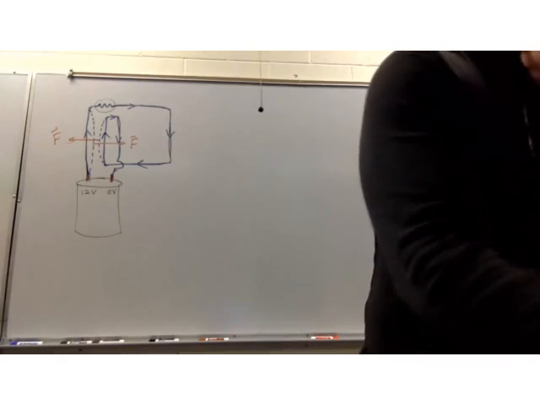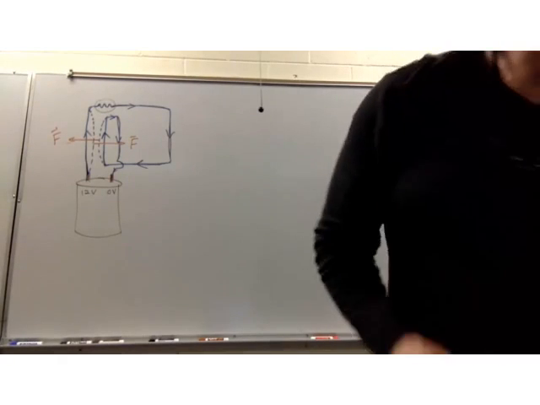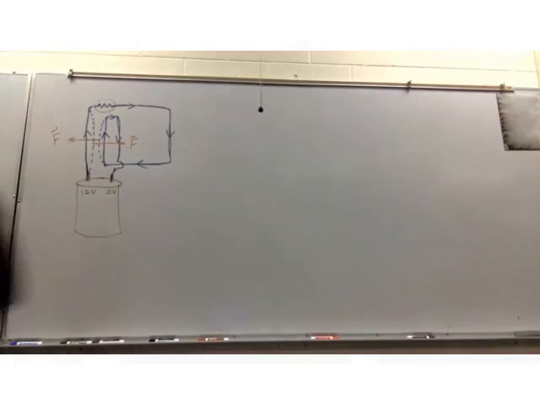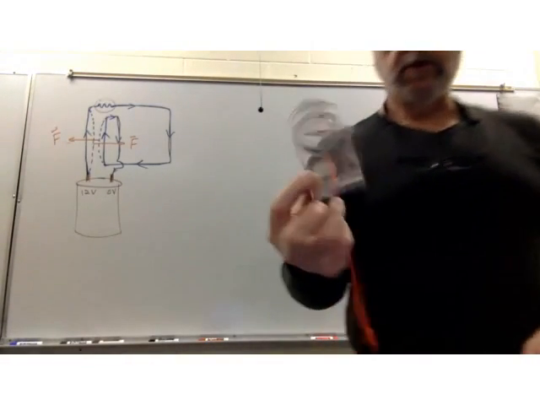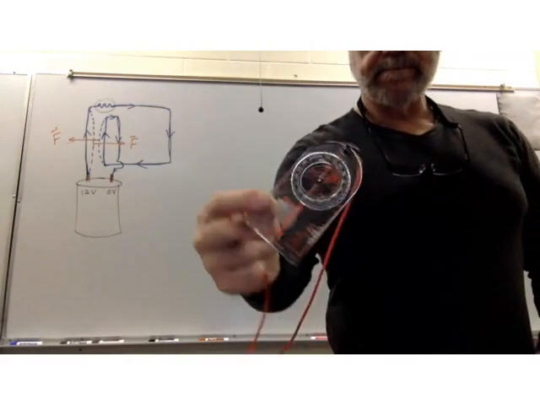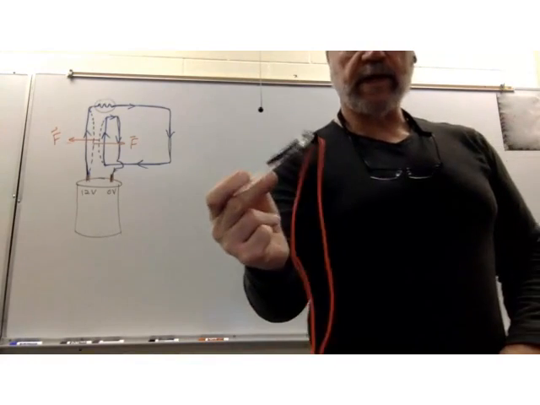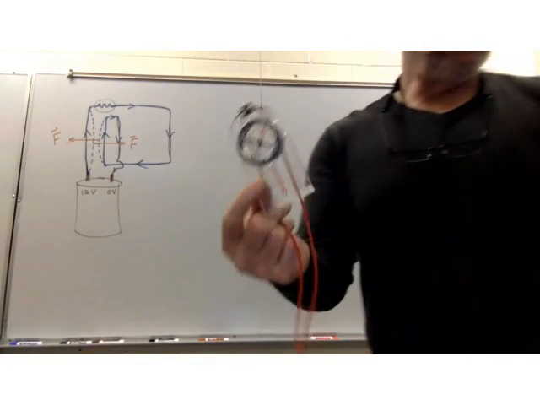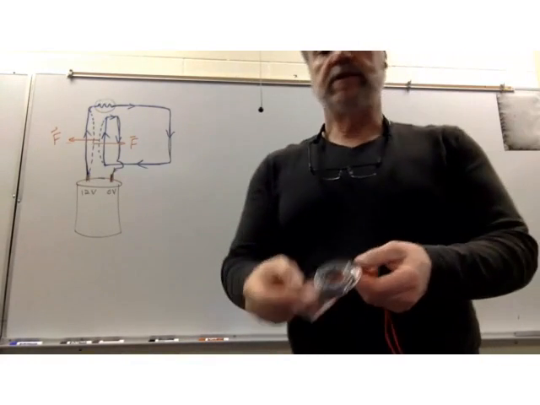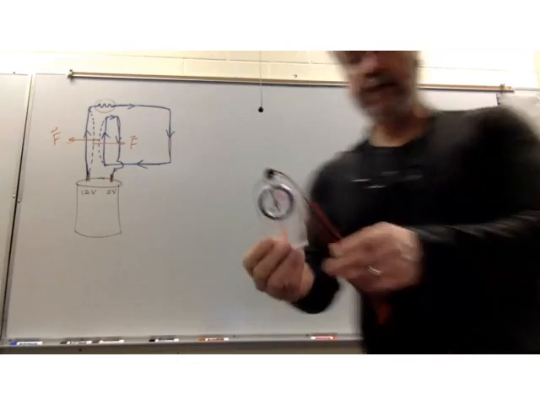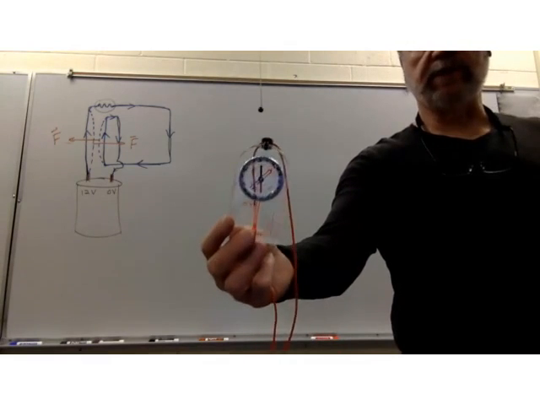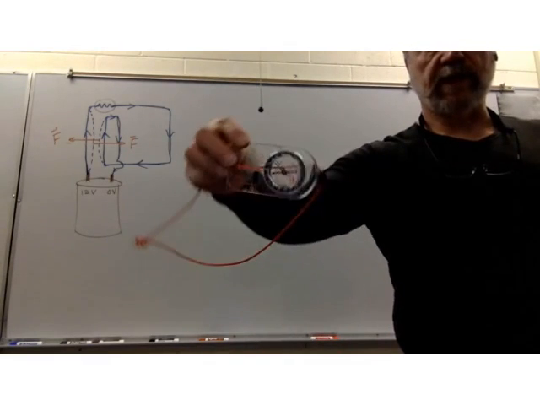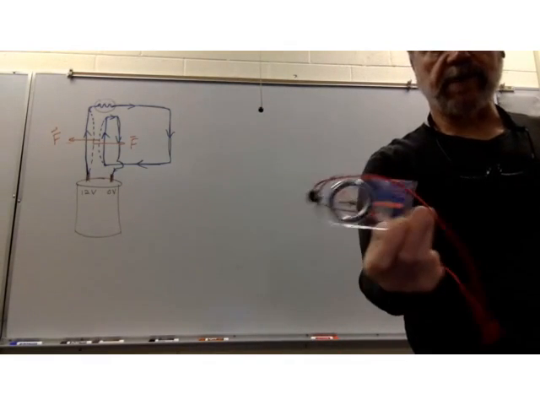So it was investigated, and there was one other effect that was noticed. You are perhaps familiar with this device here. This is a compass, a magnetic compass. Its purpose is to find the North Pole. But the fact is that compasses don't know anything about the North Pole. All they do is respond to magnetic fields, whatever magnetic fields happen to be around.